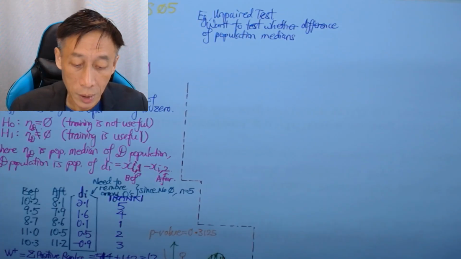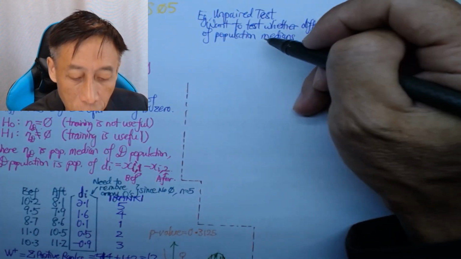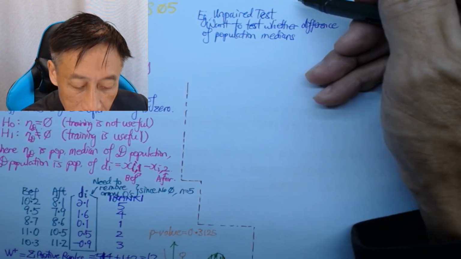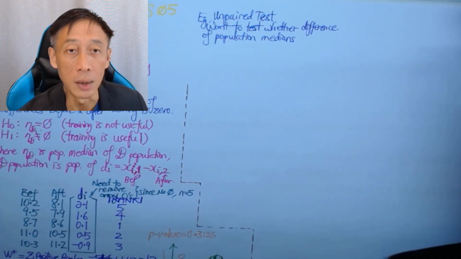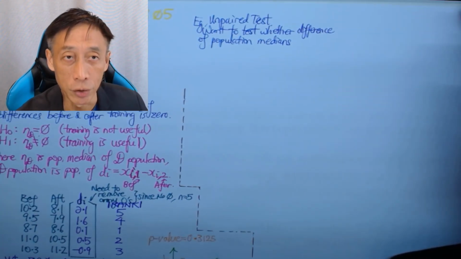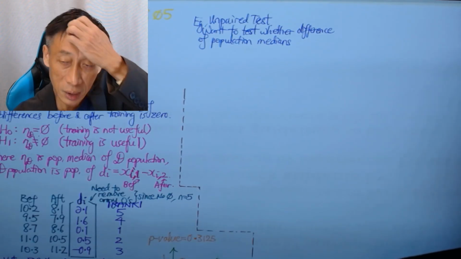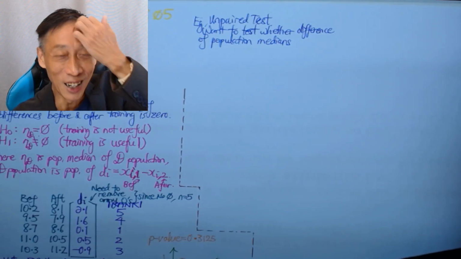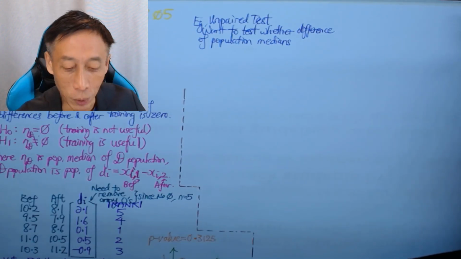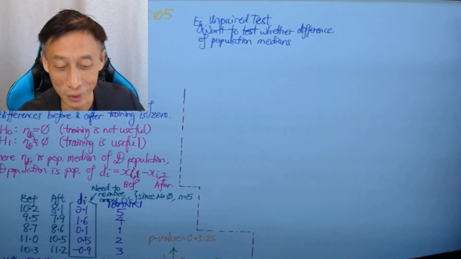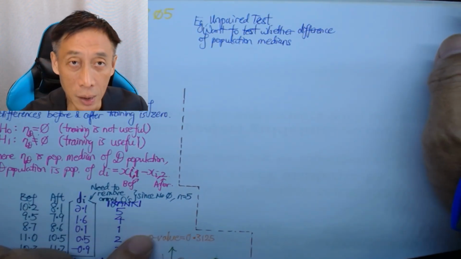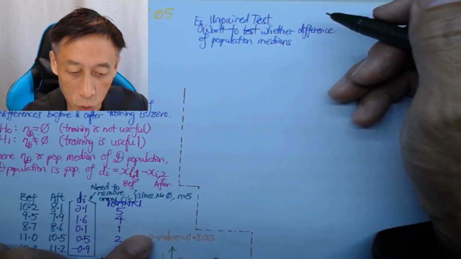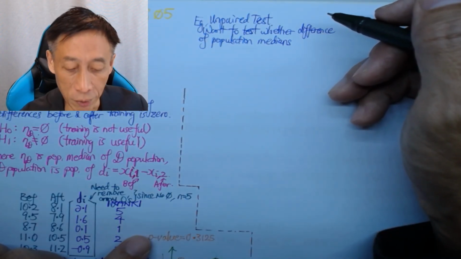Okay, so we want to test whether the difference of population medians, this time round, it can still be before and after training, except this kind of design, using different people before and after the training, may not be very suitable, right? Because it may not make much of a sense.